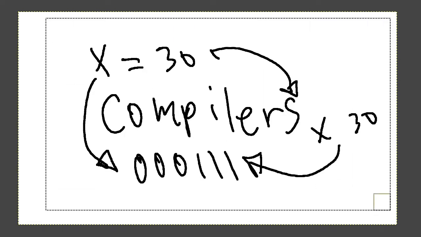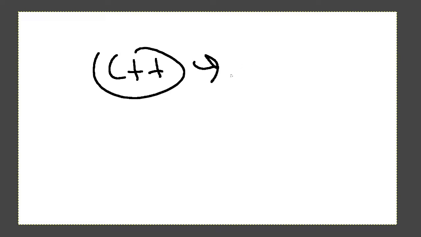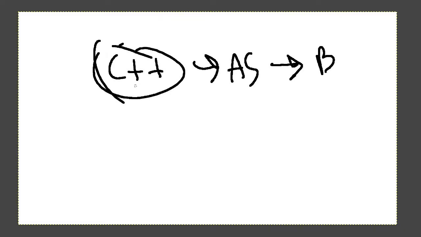All languages are compiled languages. Some people will have different terms for them. C++ is a compiled language where anything that's in your code will be compiled into usually assembly and then into binary. Whenever you use your compiler, you give it your code. It can be one file, it can be multiple files.